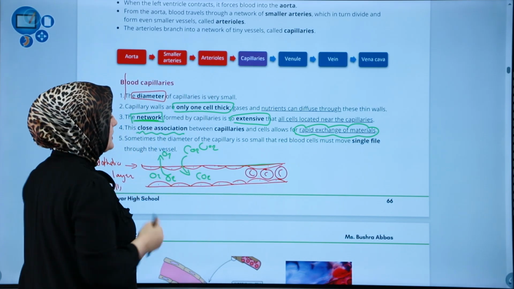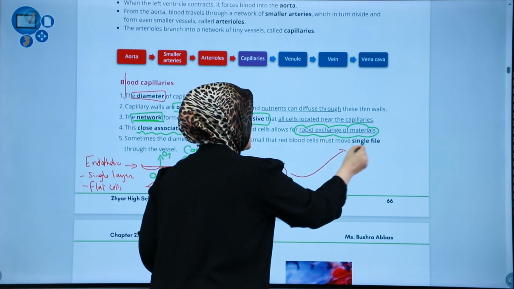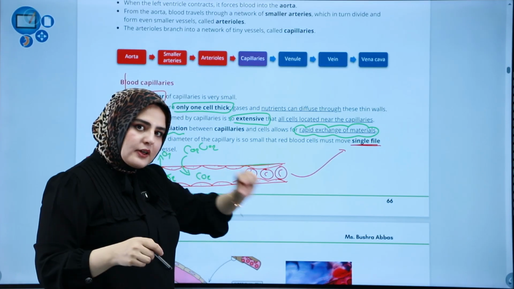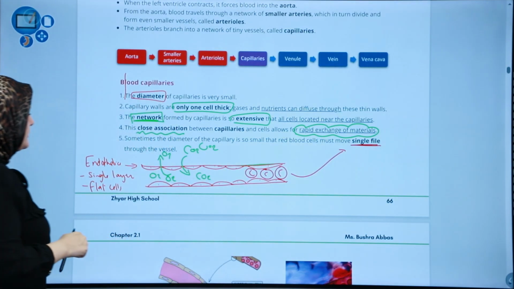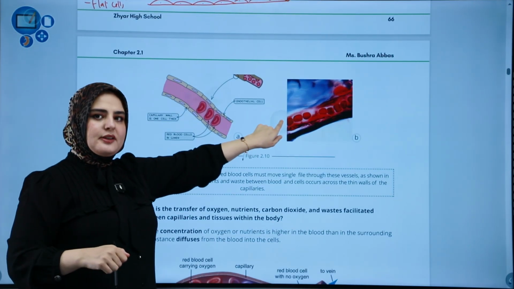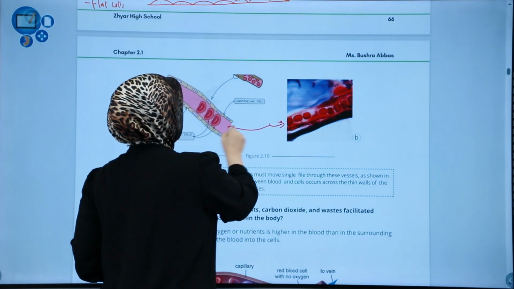You cannot put two red blood cells at the same time. And this is what it means when we say single file. Single file means they are creating one line, like that. This picture of a capillary, you should know about it. This represents the capillary, and this is one single file of cells.